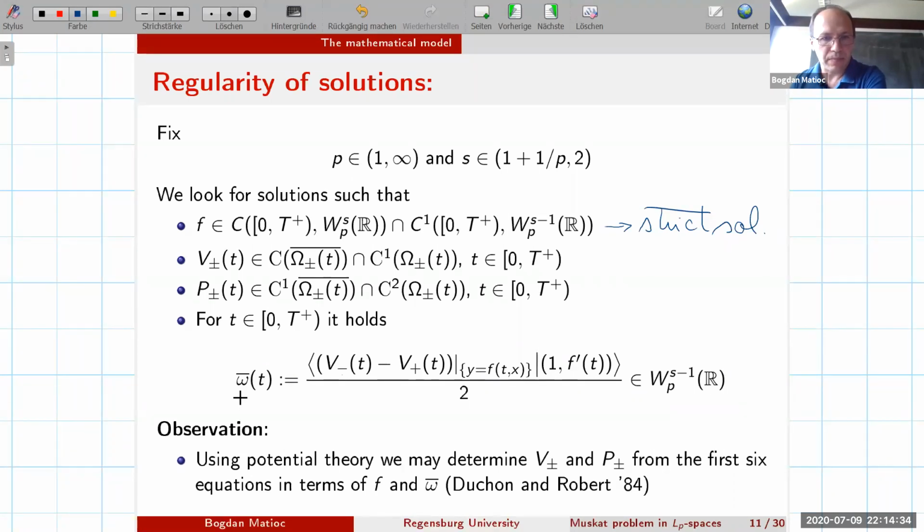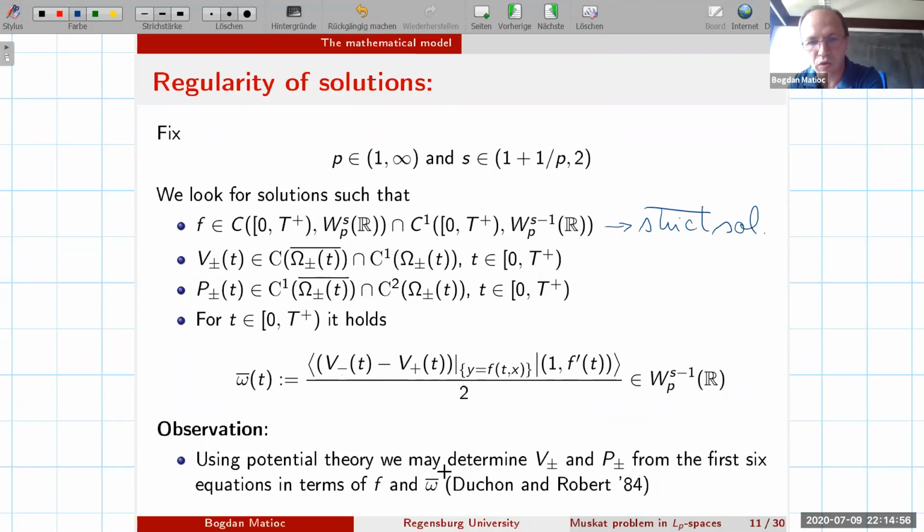And now, why do we refer only to f as being the solution of the problem? One can use potential theory to determine v and p, the velocity and the pressure, from the first 6 equations in terms of f and this new variable omega bar.